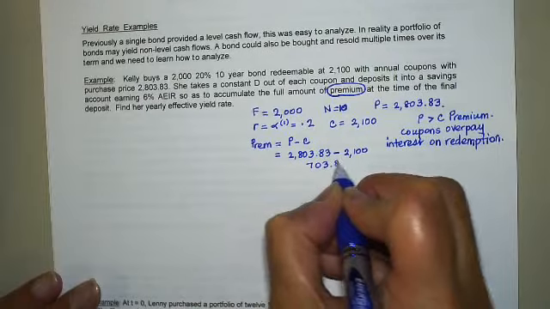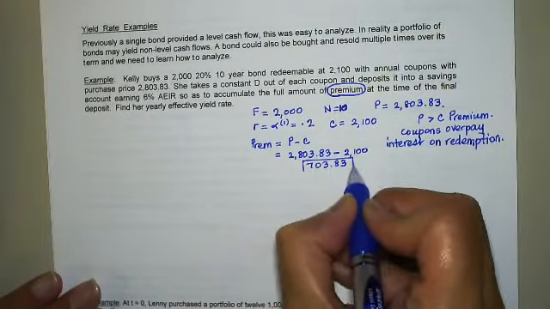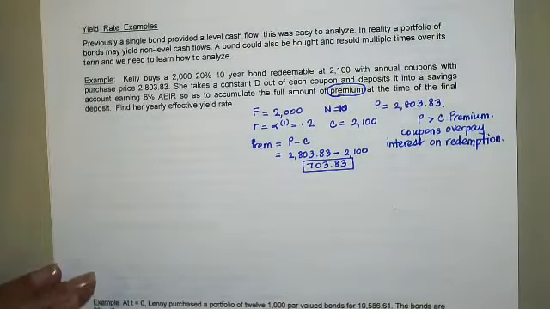P minus C is the premium. So 2803.83 minus C. How much is C? Pardon me? 2100. So 703.83 is the premium. That's what I want to accumulate in some sinking fund, right? At 6%.